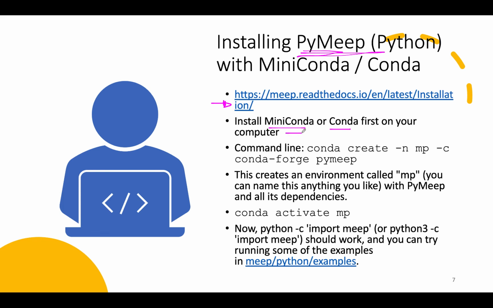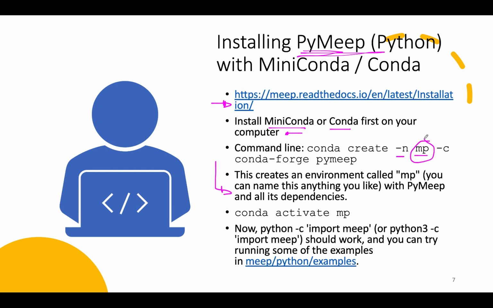You can easily find online the instructions on how to install Conda or Miniconda on your workstation or laptop. After we install Miniconda or Conda, we run the command line conda create -n mp -c conda-forge pymeep. This command is going to create a Python environment that is called mp.